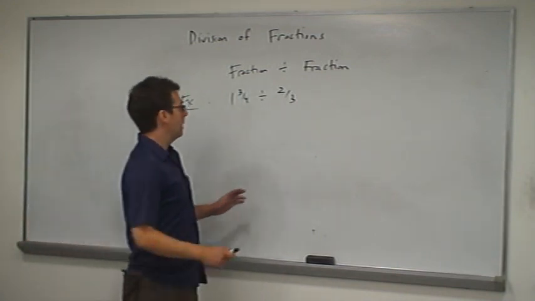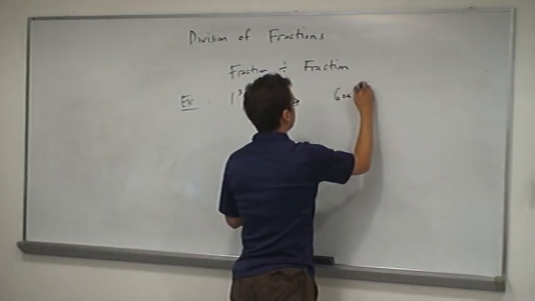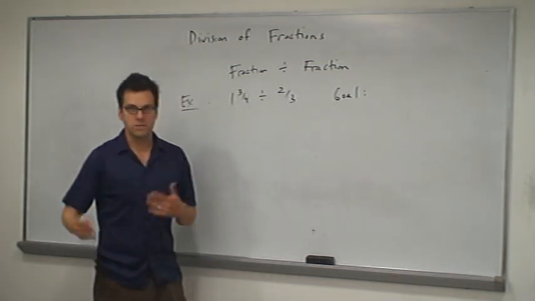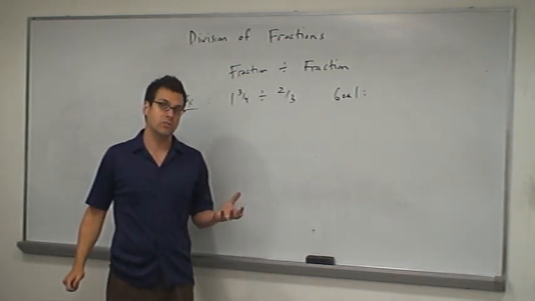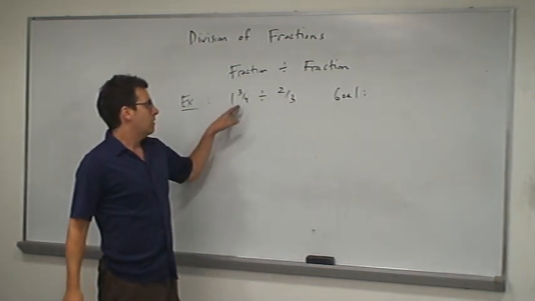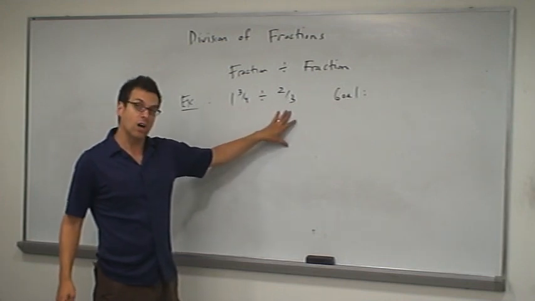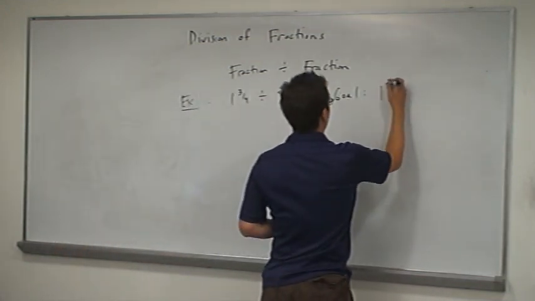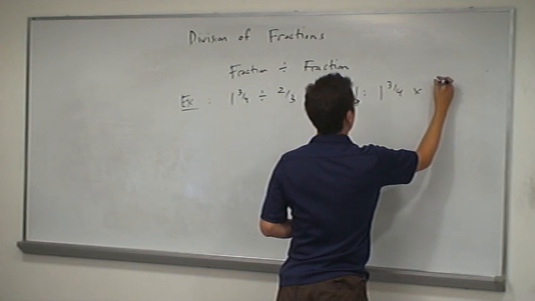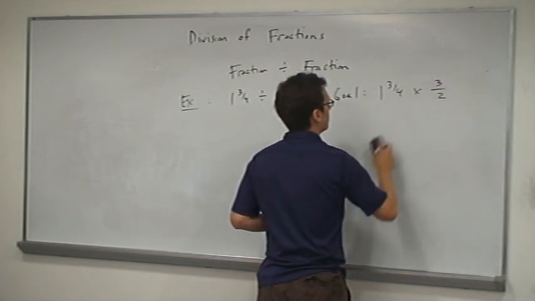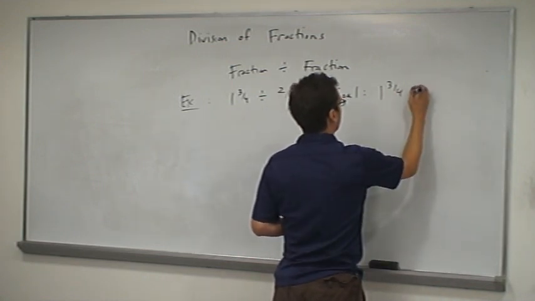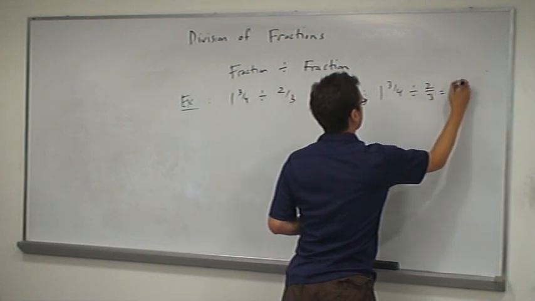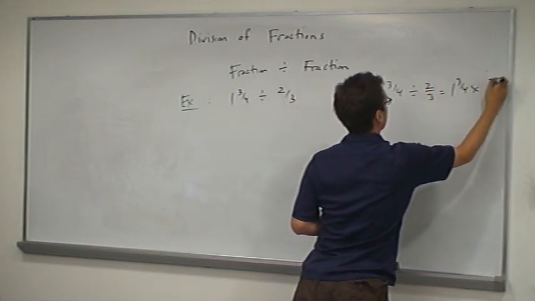Our goal, again, is to not necessarily get the right answer. Of course, that's always nice, but really what we want to illustrate is that this problem can be solved by multiplying 1 3/4 by 3/2. Our goal is to show that 1 3/4 divided by 2/3 is equal to 1 3/4 times 3/2.